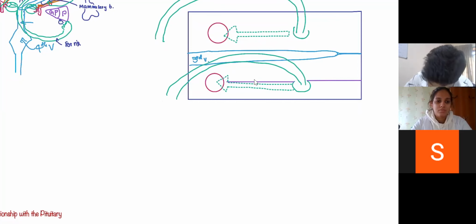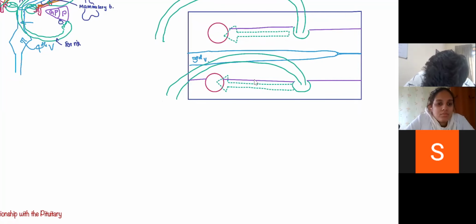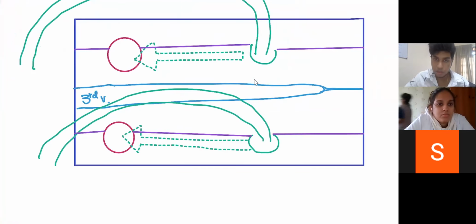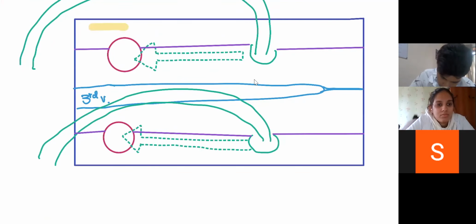It's best if you can highlight it, but basically you can see that the fornix will divide the hypothalamus like this. So you have four functional areas on the left and the right side.